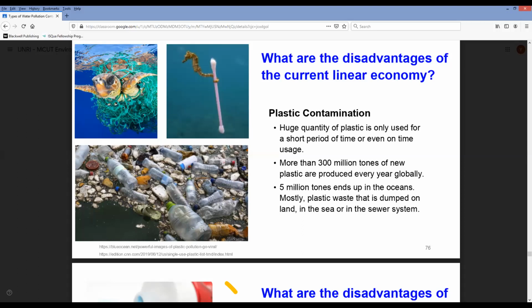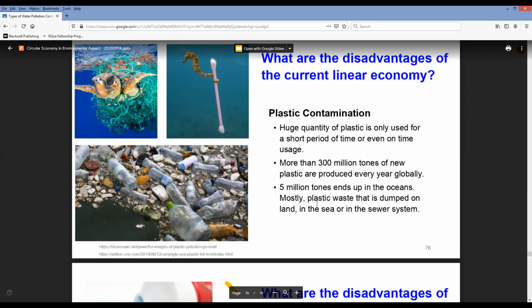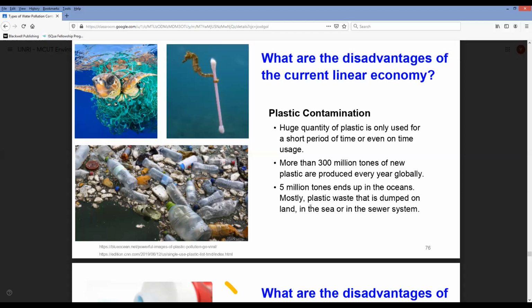This is a disadvantage of the current linear economy, because we produce waste, we don't recycle, we just throw it away, and this is why we have plastic contamination. Right now in our department, some of the professors are working on a project using their technology or methods to remove some of the plastic contaminants in the ocean. The next, please.